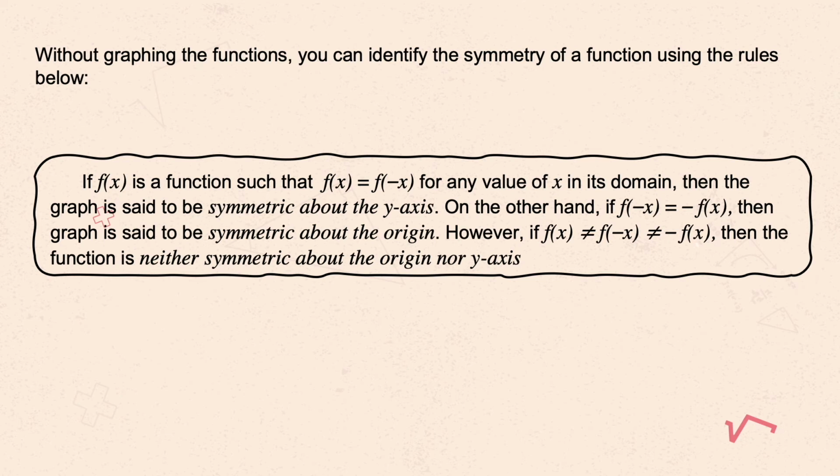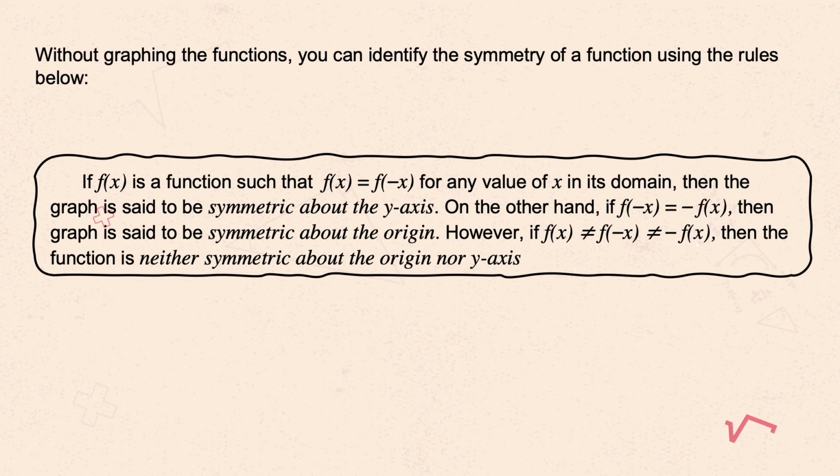So, in our previous discussion, if f of x is equal to f of negative x, then that is an even function. Well, in symmetry, if f of x is equal to f of negative x, it is symmetric about the y-axis. So therefore, an even function has a symmetry to the y-axis. On the other hand, if f of negative x is equal to negative f of x, then the function is odd.